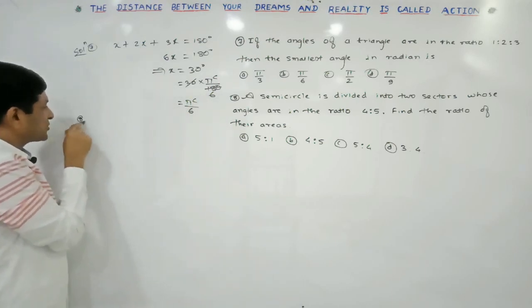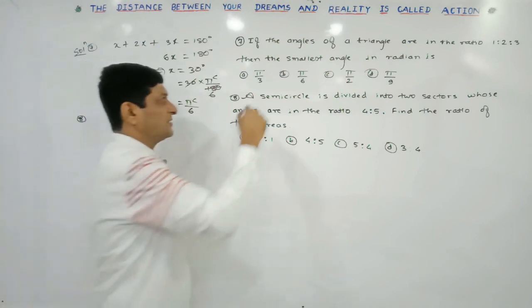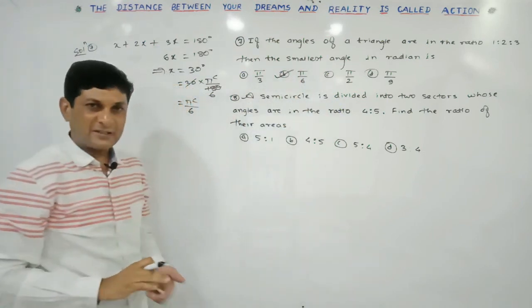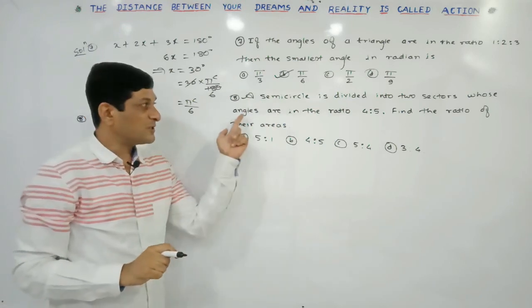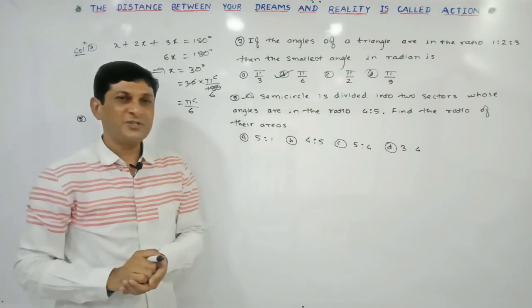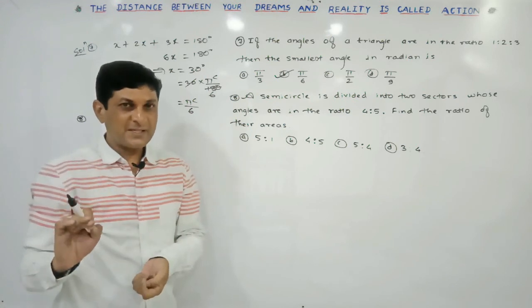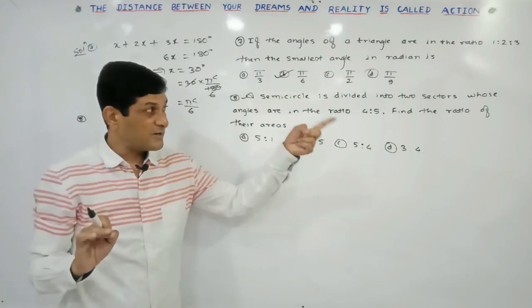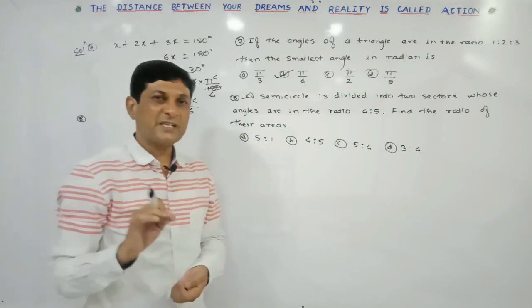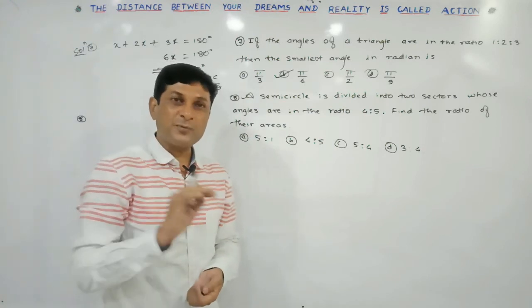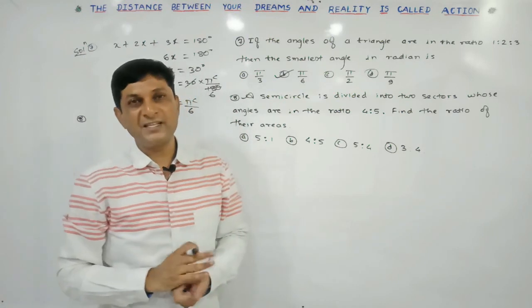Now let us try to solve example number 8. In example number 8, a semicircle is divided into 2 sectors whose angles are in the ratio 4:5. In this case, we have to find out the ratio of their areas. The areas of sectors are always proportional to their corresponding central angles.